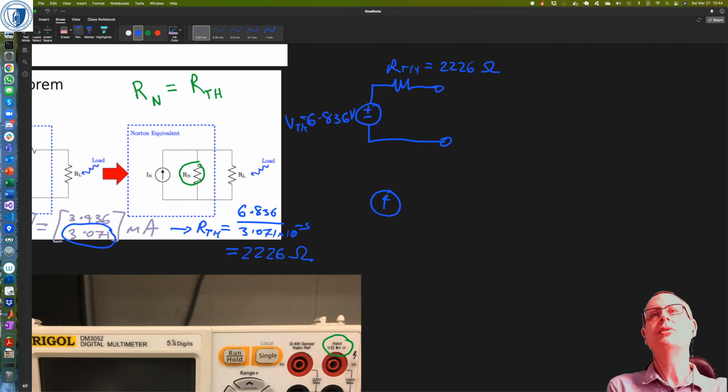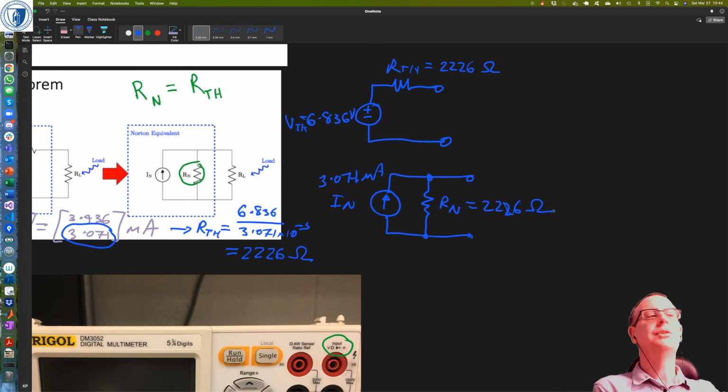And our current source, our Norton equivalent circuit, is like this. Okay, and our current was 3.071 milliamps, and our Norton resistance is the same as our Thevenin resistance, 2,226 ohms.